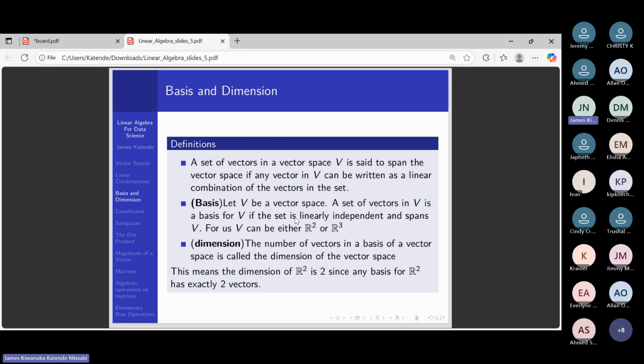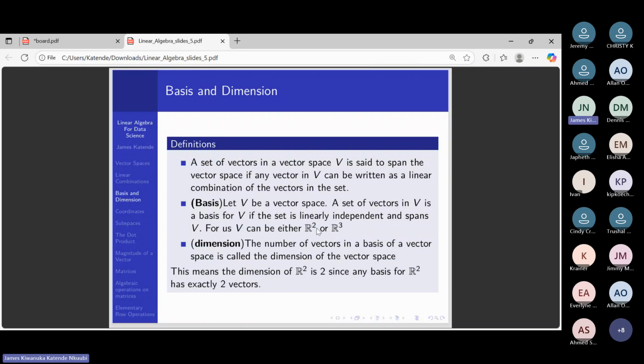One, it must be linearly independent. So that set of vectors must be linearly independent. And two, it must span V. In other words, any other vector in V can be written as a linear combination of the vectors in that set.